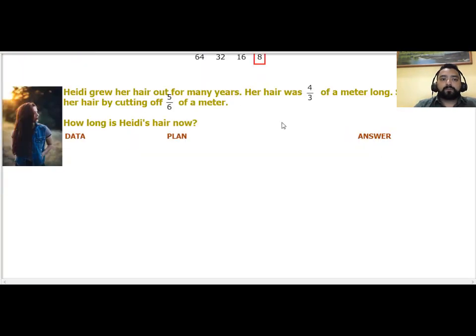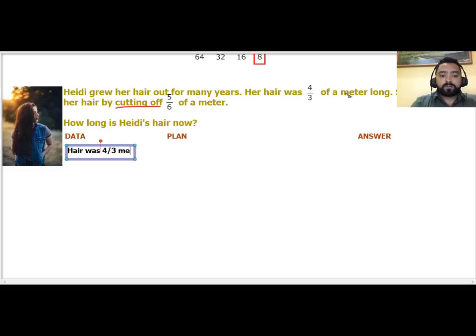Now, in the last one, Heidi grew her hair out for many years. Her hair was 4 over 3 of a meter long. She donated her hair by cutting off, and this is an important word because it means subtracting, 5 over 6 of a meter. So first in our data, we write the first fraction: her hair was 4 over 3 meters long.